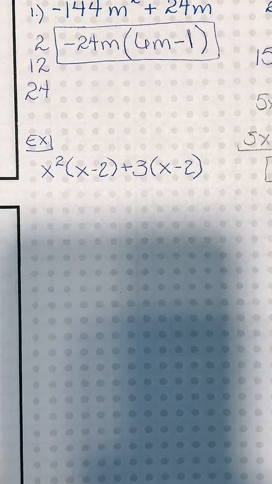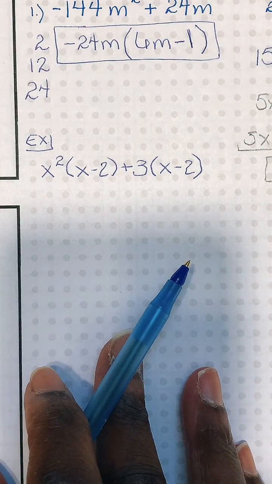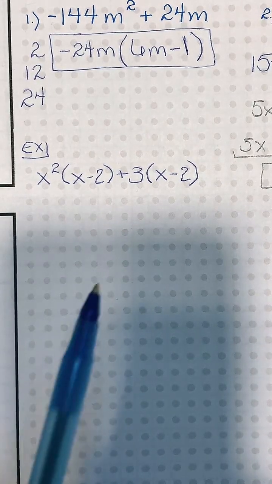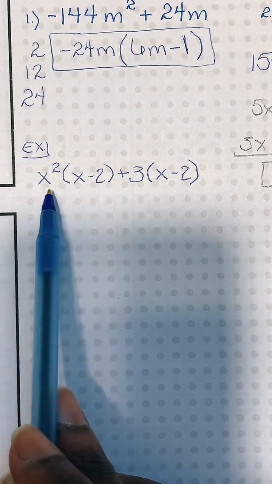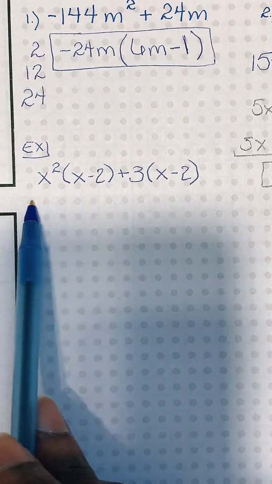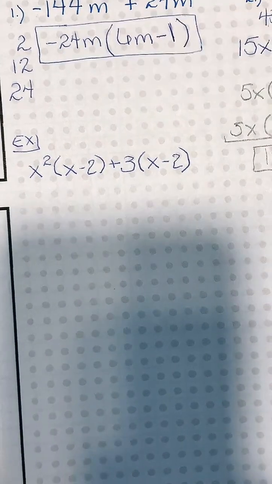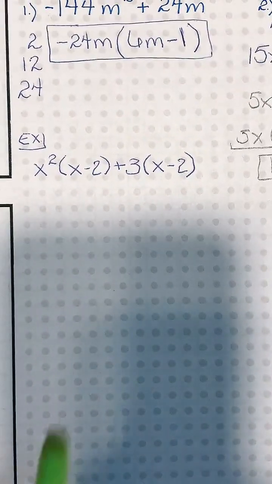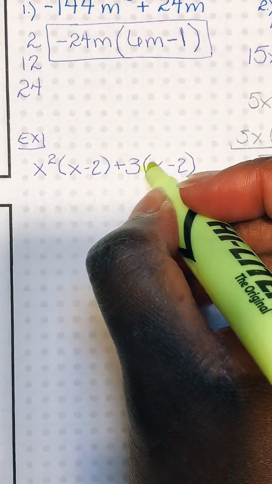So this is what's happening. When we find the GCF, it's something that they have in common. The thing I see that is exactly the same is the parentheses.